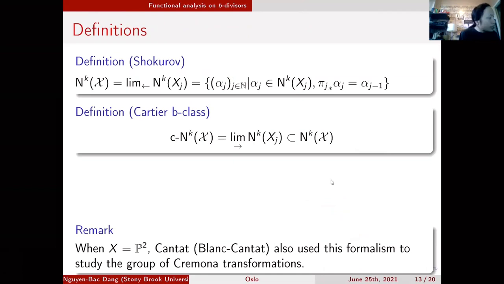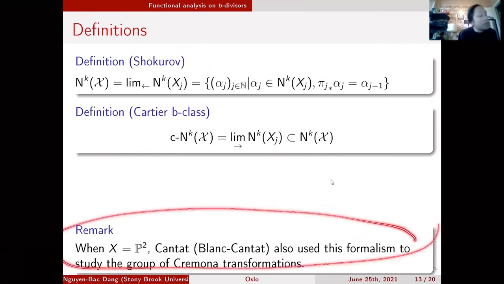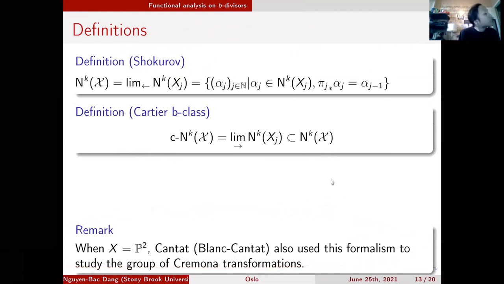This construction is originally due to Manin, but the terminology was given by Shokurov later. And in dynamics, it was used by Blanc-Cantat and Boucksom, Favre, and Jonsson to study Cremona transformations.